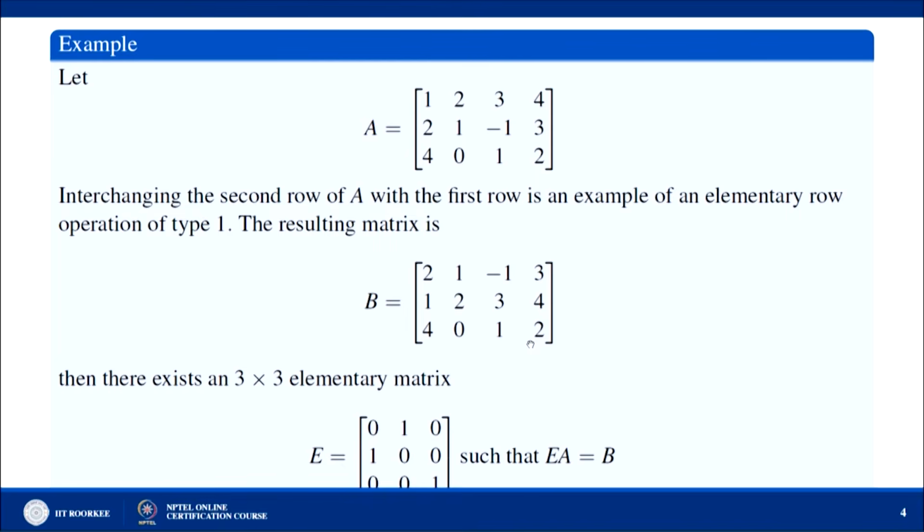And if you take the 3 cross 3 identity matrix and interchange the first and second rows, this matrix is obtained, and it is an elementary matrix E. Then E A is equal to B. When you multiply E with A, you easily obtain B. This you can easily check.